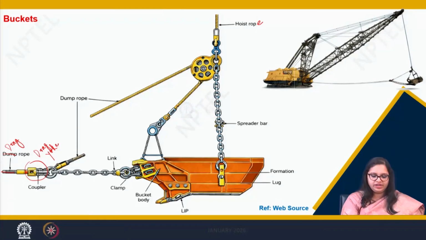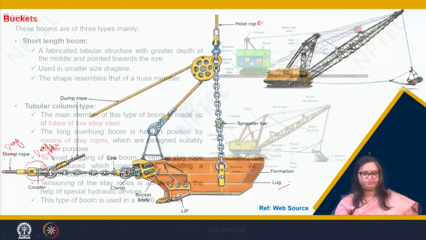This we call the lip of the bucket, which helps in penetrating into the loosened overburden rock and fill the bucket. This is the bucket body, and this is the lug that helps in connecting the hoist chain to both sides of the bucket.